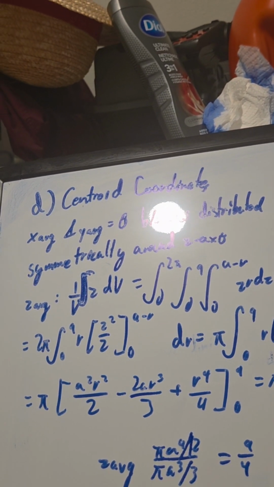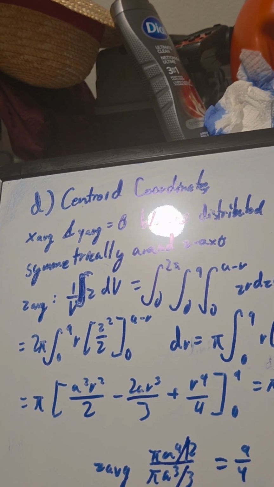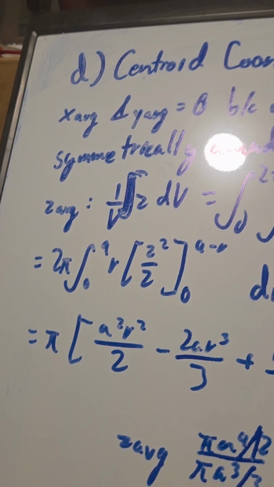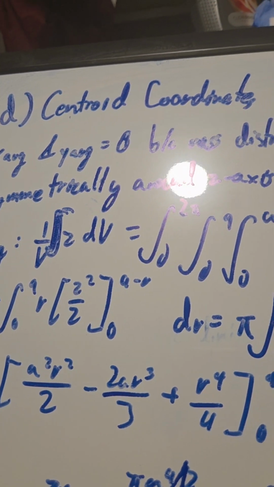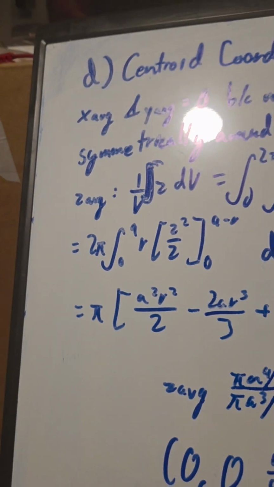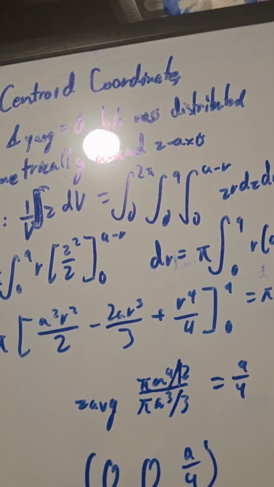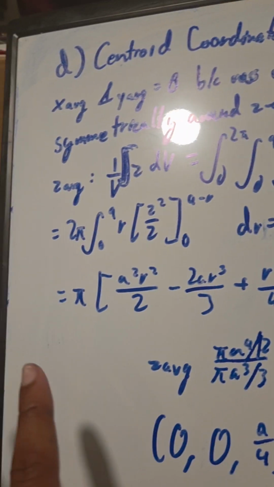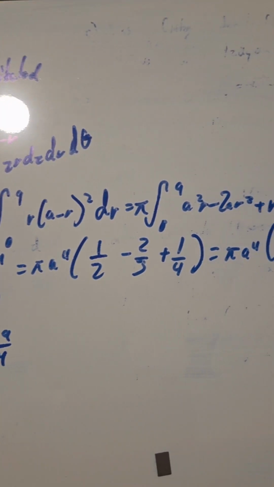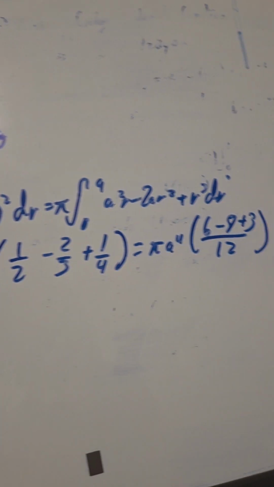So all we need to do is find the z average, which of course is 1 over volume times the triple integral of z dV, which is fleshed out here. I'll just pan through this math real quick to show what I did.